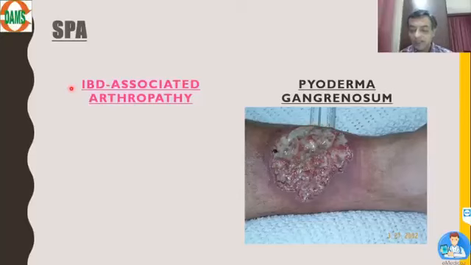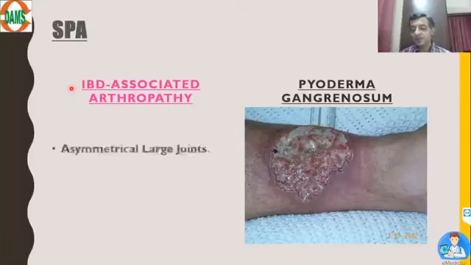Onycholysis is for psoriatic arthropathy. We are discussing different SPAs, and one of them is psoriasis. Pyoderma gangrenosum is the most specific feature in IBD associated arthropathy.